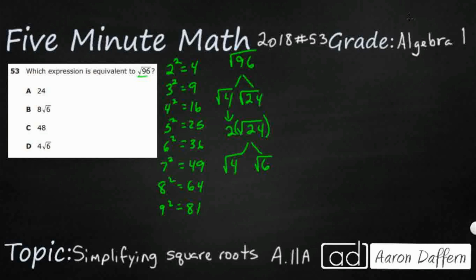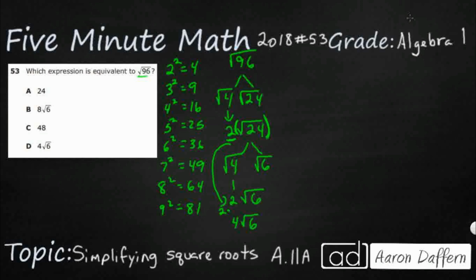So just like we did before, we can simplify the square root of 4 into a 2. So it's 2 square root of 6. It's just this square root of 24. The problem is I also had that other 2 out there. So I need to multiply that 2 times the 2 that was there. That's going to leave me with 4 square root of 6, which, okay, I'm seeing that answer selection at D.